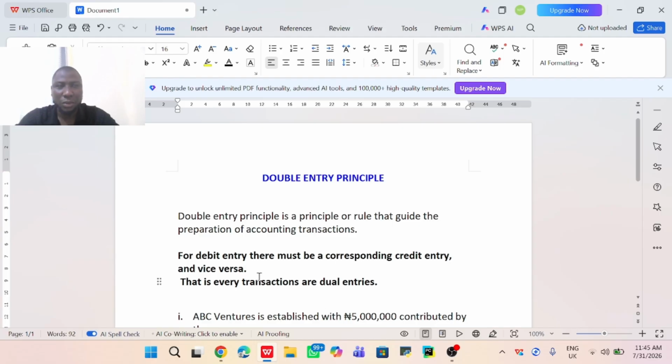For example, Ade bought a car at 500,000 naira. Ade bought a car, right? It is just a statement that can be recorded in two ways.